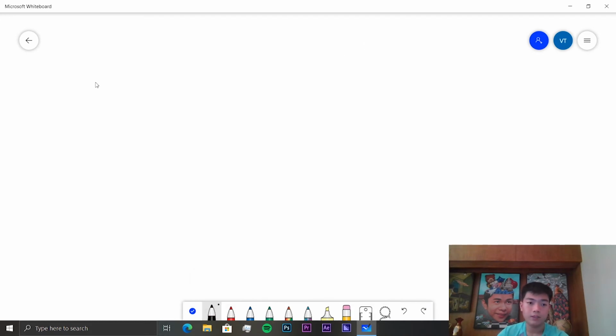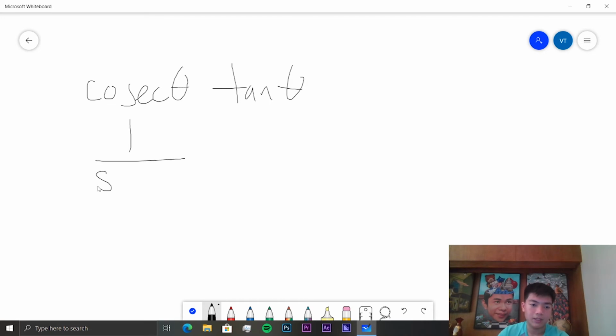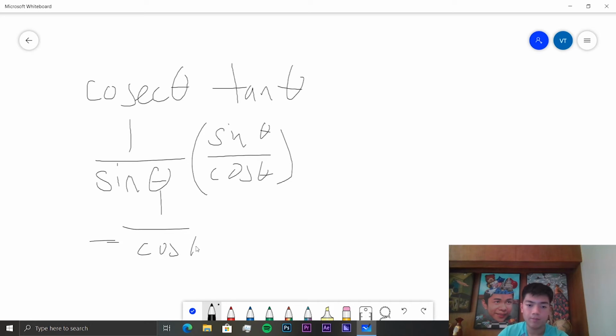Next, we have cosecant theta times tan theta. Well, we know the cosecant is equal to 1 over sine theta. And so if we have 1 over sine theta times sine theta over cosine theta, we're simply left with 1 over cosine theta, which is equal to secant theta. So that is a single function.